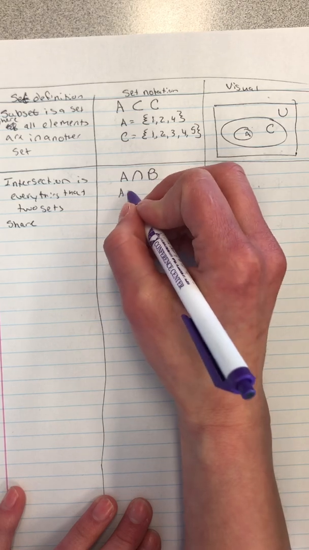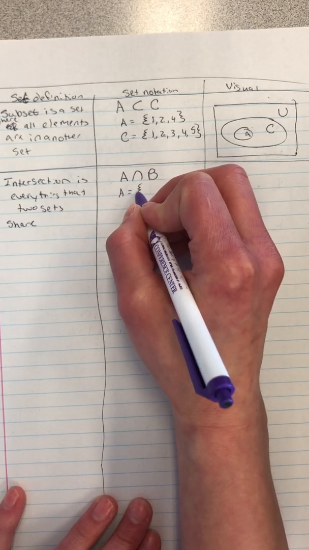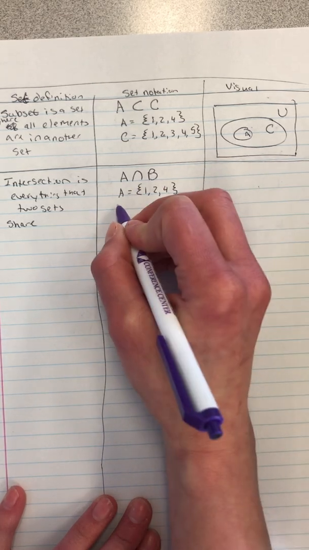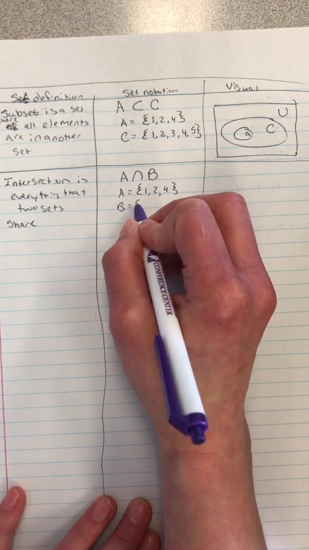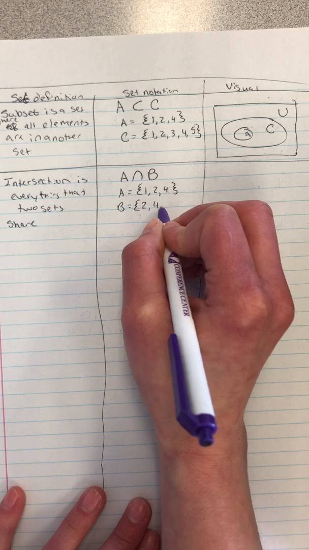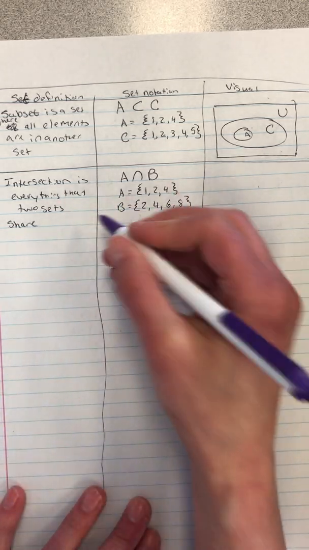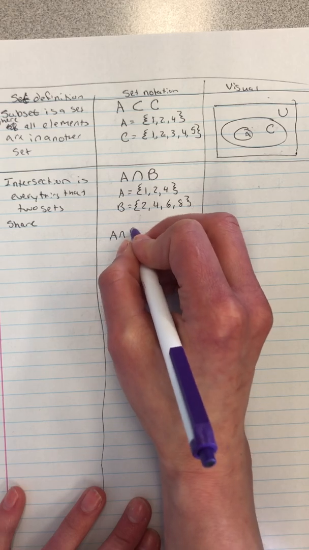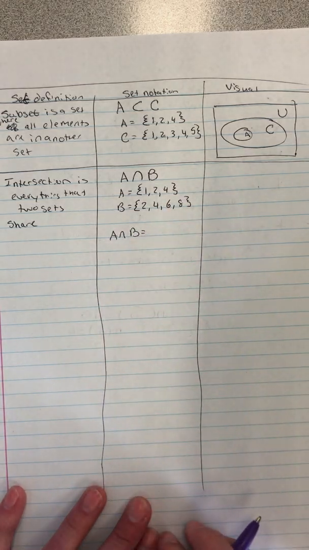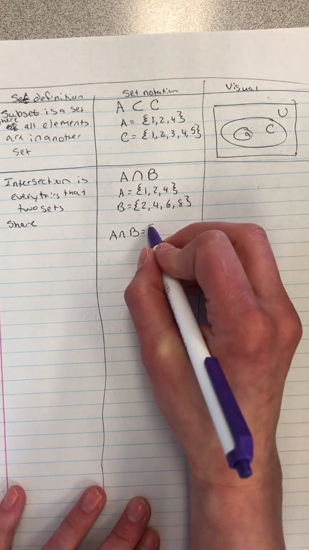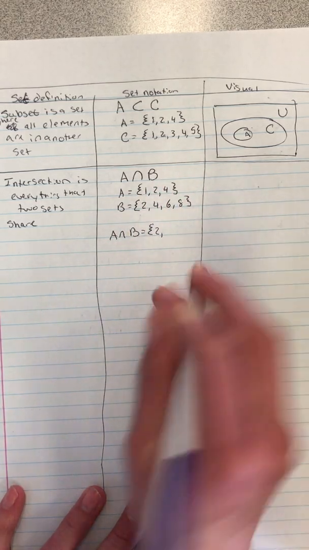Let's say A, again, is going to be the same one we had before. We know it's 1, 2, and 4. And B is 2, 4, 6, 8. The intersection, or A intersect B, is everything that they have in common. Well, I see they both have a 2 in common. So 2 is in the intersection.